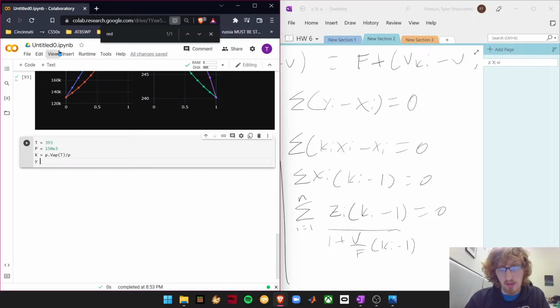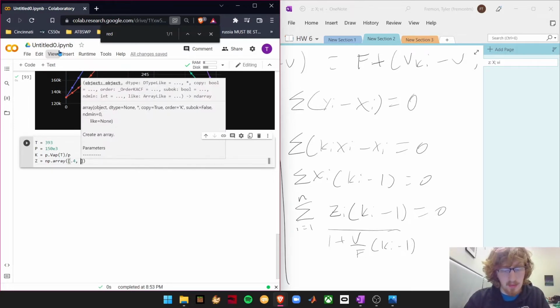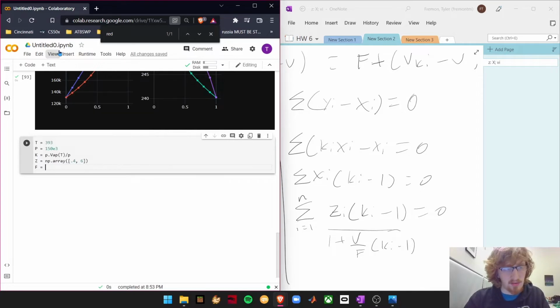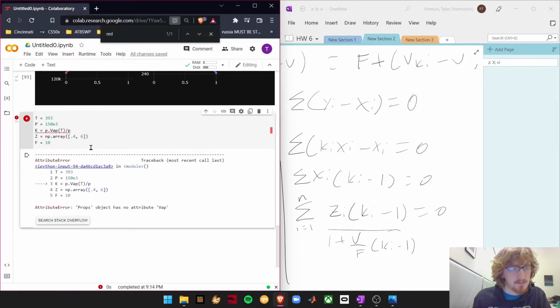Then our Z, which is our feed composition in our scenario. In this case, it's going to be 40% benzene and 60% toluene. And then our feed rate is going to be 10 moles per second. Let's double check everything looks all right here.